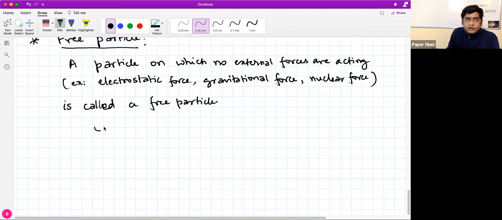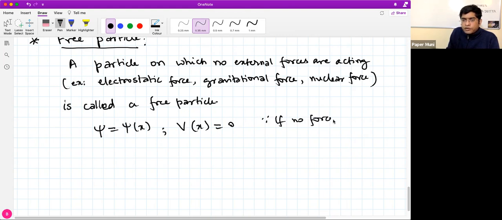In that case psi is a function of x, psi(x). We are not solving the time part because we know what the solution of the time part is. Now V(x) is equal to 0, since a free particle means there are no forces acting, so the potential energy is equal to 0.